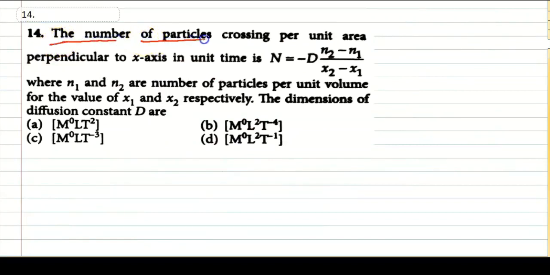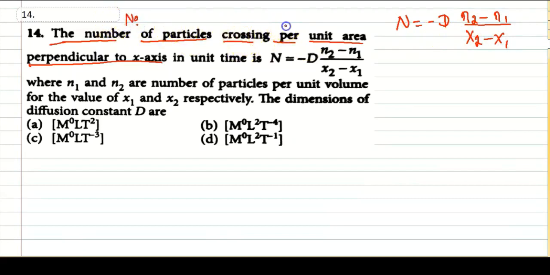The number of particles crossing per unit area perpendicular to the x-axis in unit time is n equals minus D into (n2 minus n1) divided by (x2 minus x1). Here n is the number of particles crossing per unit area.